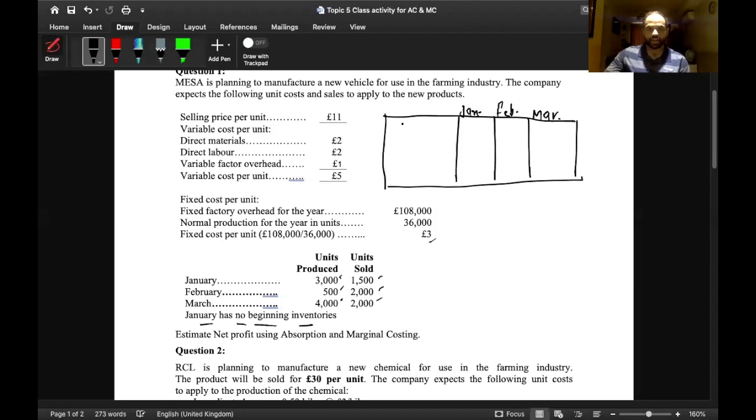So you're going to do sales minus cost of goods sold, gross profit, minus non-manufacturing cost, it's a net profit. We don't see any non-manufacturing cost here. So we assume non-manufacturing cost will be 0 for the 3 different months. All right. So now calculate net profit for January, February, and March.